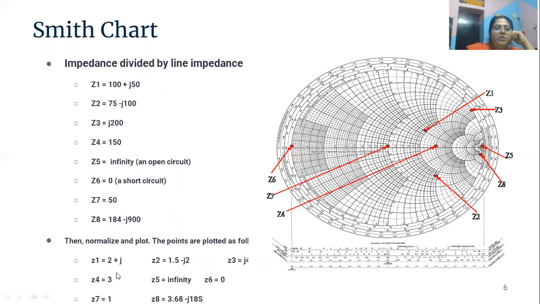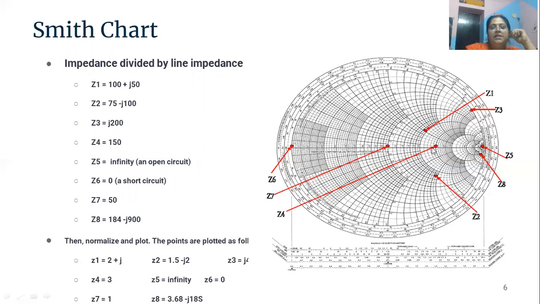In this way, the given impedances are calculated in terms of normalized impedances, and then we plot these values on the Smith chart. We normalize these ranges because the chart does not cover all values, so we have to make a scale.